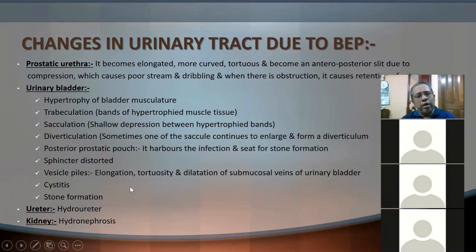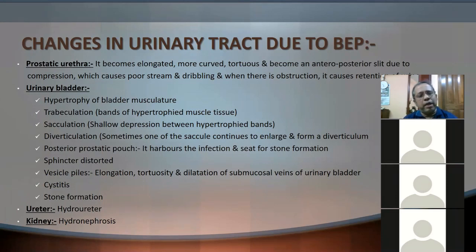Then what about the ureter? Whenever the bladder does not void outward, it causes back pressure. The back pressure is transmitted through the ureteric opening to the ureter. So that causes the ureter to become dilated, which is called hydroureter.